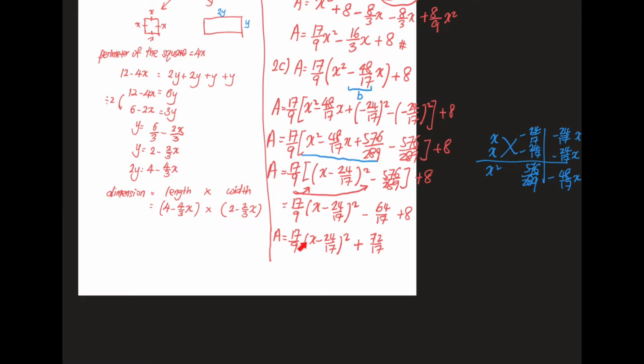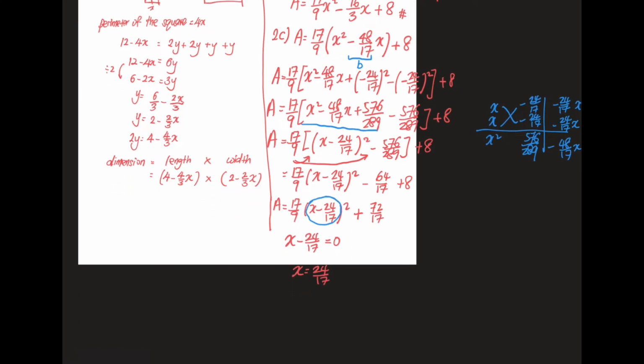And when it's minimum, the x takes what value? So we can find it out in this way. We let the bracket equal to 0. So x minus 24 over 17 equals 0, and then x equals 24 over 17. So we get this.